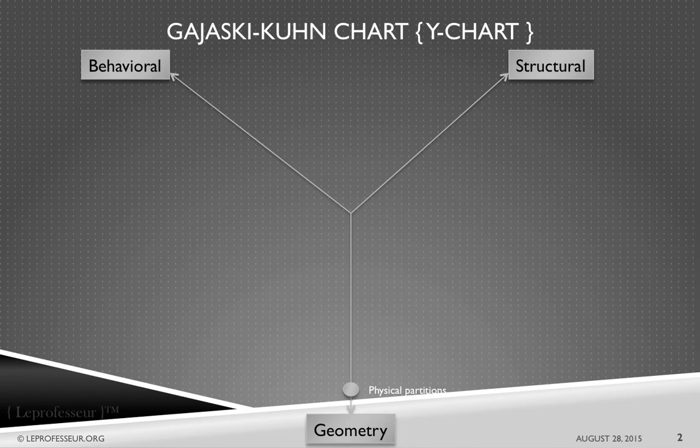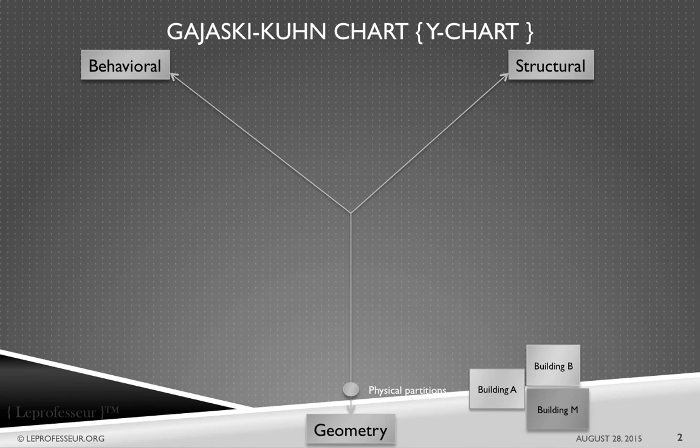So we define physical partitions. What does it mean? It is very similar to the builder example. The builder buys the land and decides, okay, I'm going to build 3 buildings or 4 buildings. They share common facilities like parking, a swimming pool, a common outside area, a barbecue area, a rooftop patio area, and so on.